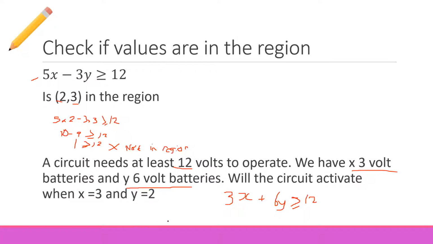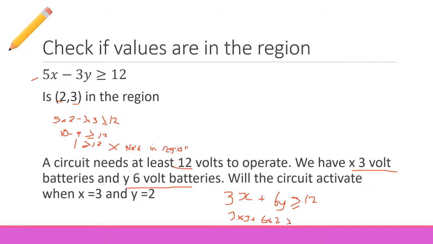Now all I've got to do is substitute to see if I can get enough juice. I can tell you straight away we're probably going to have enough juice, but we'll do it anyway so that we can do it properly. So what you would do is go 3 times 3 plus 6 times, substitute y equals 2, which is 2.